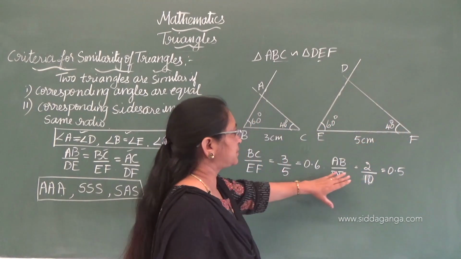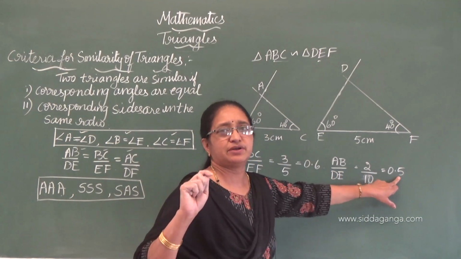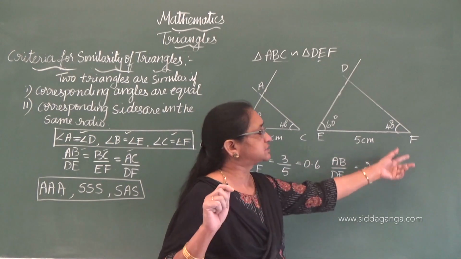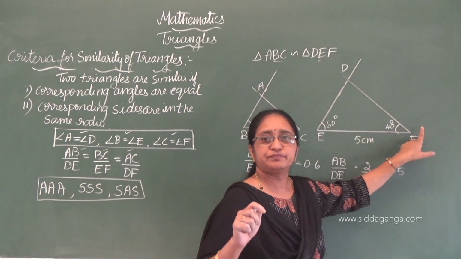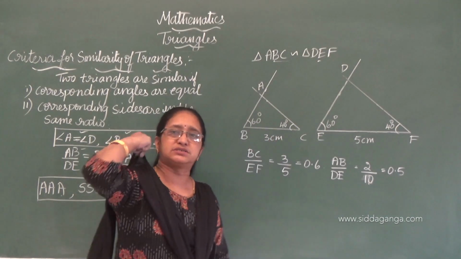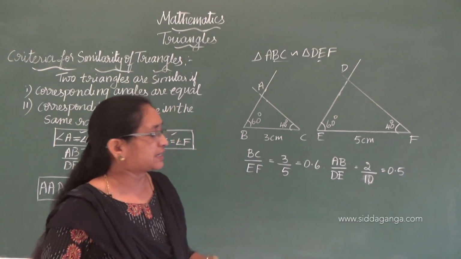So again 0.6 means some error is there, you may get 0.5, but approximately you will get 0.6. And here also if you check AC by DF, you will get 0.6. Just check in your books, definitely you will get it.